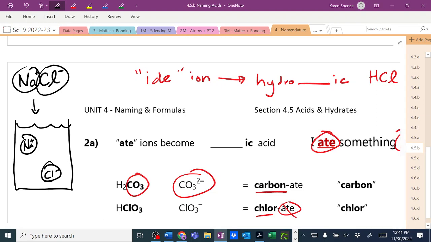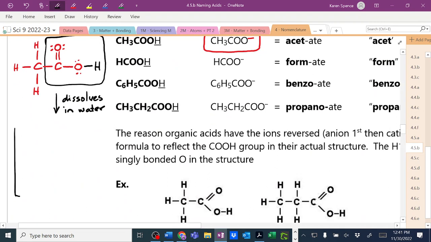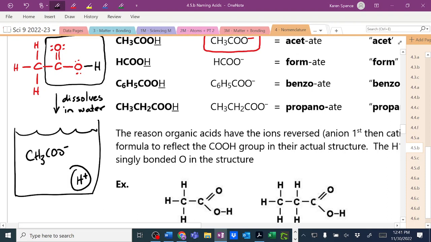And when an acid dissociates in the water, you will have an H plus, and then you'll have the CH3COO minus ion, and they will be separated. So when we look at this structure, it is always the hydrogen that is on the COO group that dissociates in the water. We call it the acidic hydrogen.